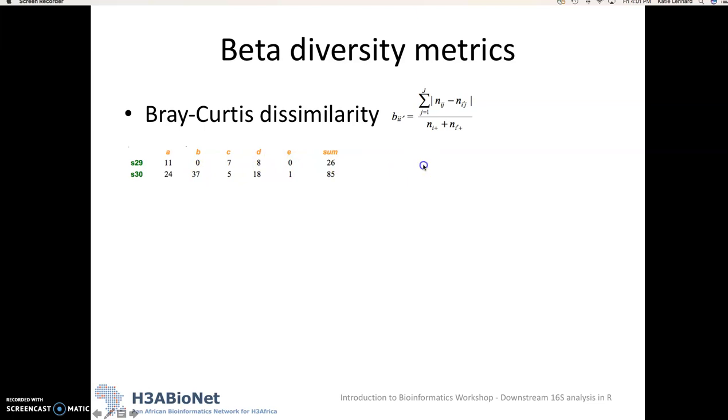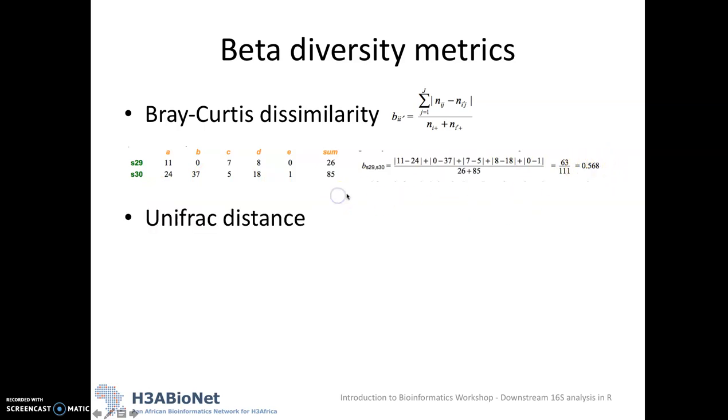So in this case, we would calculate for each of these comparisons for taxon A between these 2 samples, the absolute difference, and the same for B, C, D, and E, and that we divide by the sum counts for these 2 taxa across all samples, and that gives us our dissimilarity index.